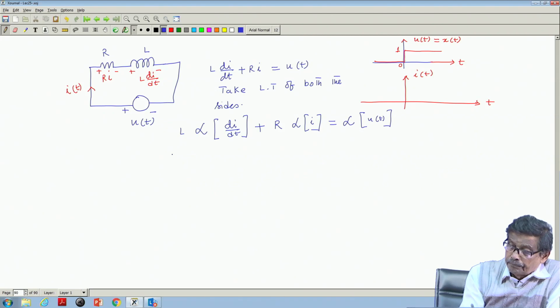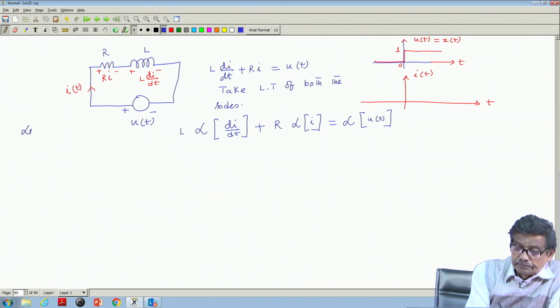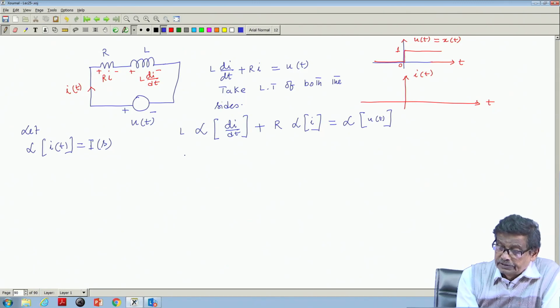Now, let Laplace transform of i(t), which is the unknown which I want to find out, be denoted by this capital letter I(s). So, this one, L into what will be there? Laplace transform, it is s I(s) minus i(0-).